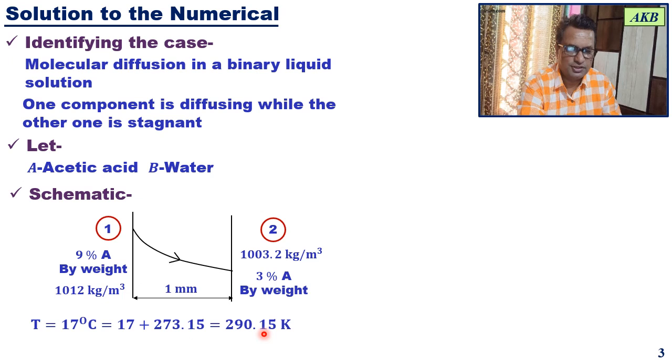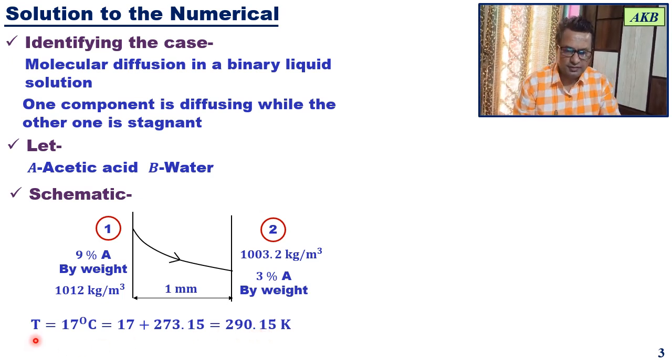Over here, as I said, we don't need temperature in the calculation, but still, since it is given, I have written it. So T is 17 degrees Celsius, which you can convert to Kelvin by adding 273.15, which comes out to be 290.15 Kelvin.